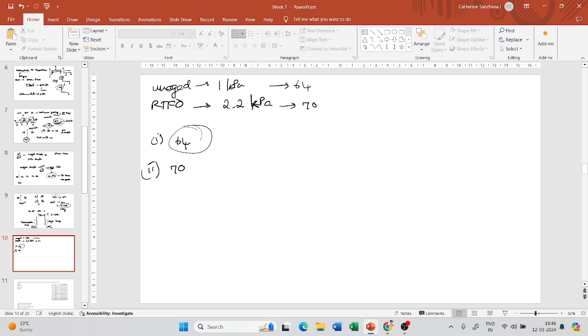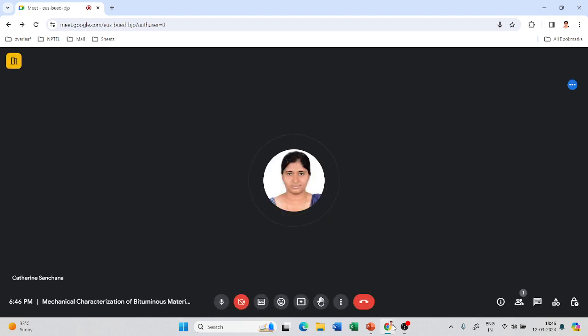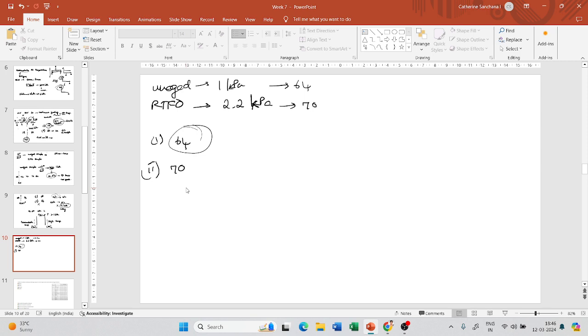Now in both intermediate and high temperature, what we saw is we were given the bitumen and we were asked to select the grade.